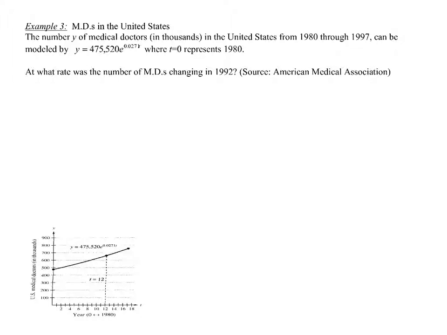So let's look at one more here, an example with an exponential growth function. The number of medical doctors in the United States. Okay, so y is the number of medical doctors in thousands in the United States from 1980 through 1997.